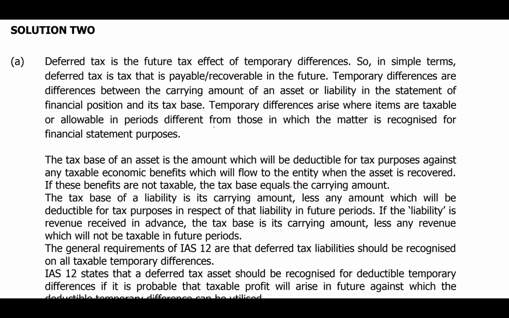Let me start by showing you. In your books, you write that the carrying amount of an asset is, let's say, 1,500. Then the tax authority gives some value. Let's say the tax authority says the value of this is just 1,000. Have you seen that there is a difference? The difference between how much the asset carries, 1,500 minus 1,000, which is 500, is what we call the temporary difference.